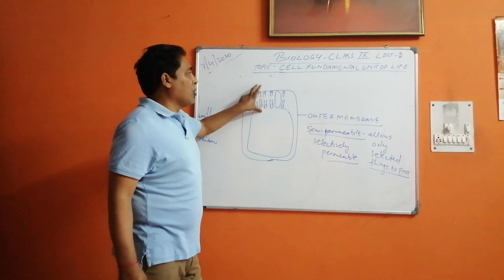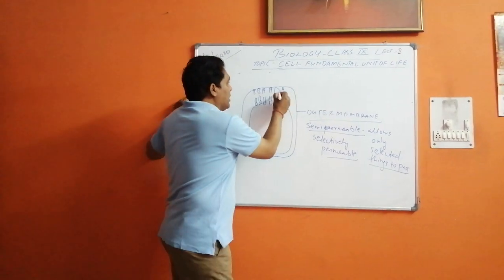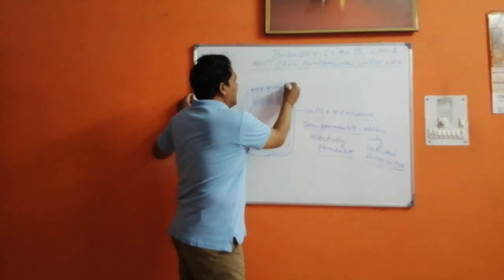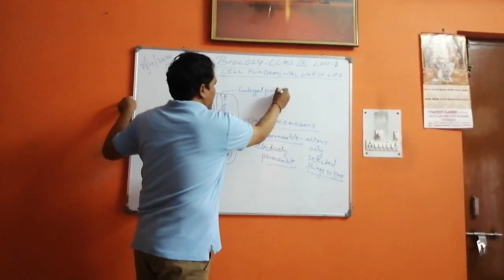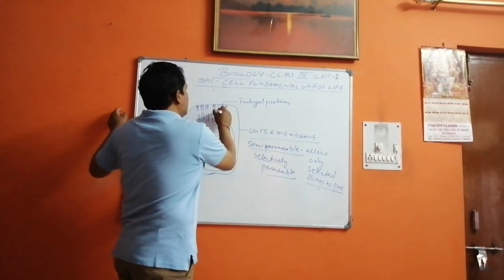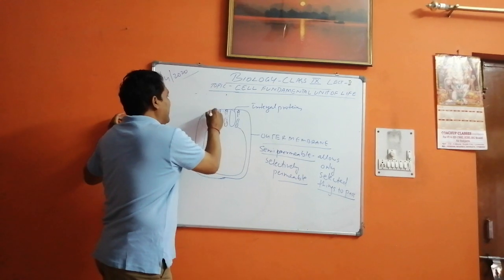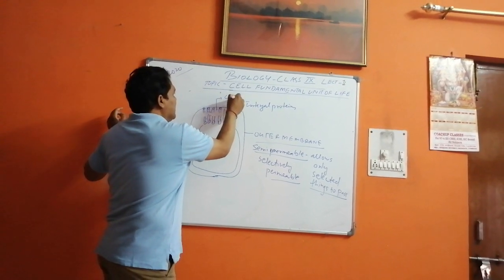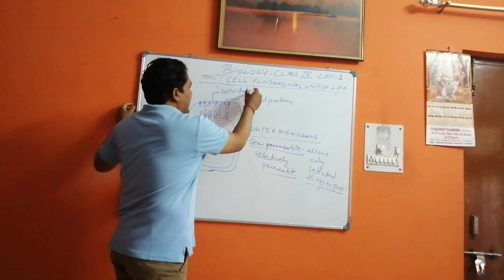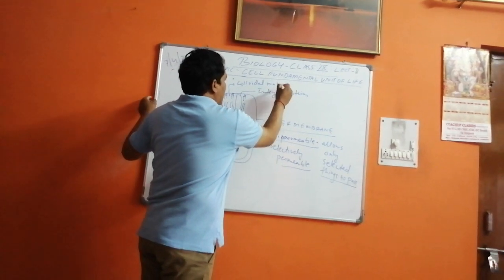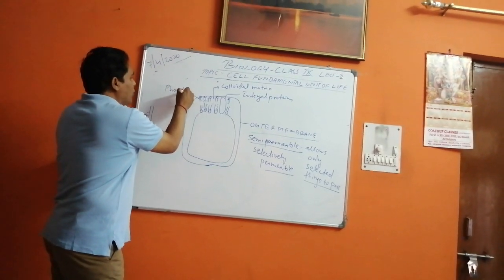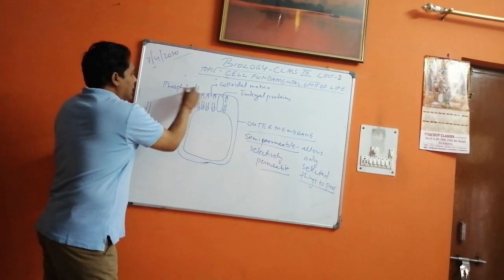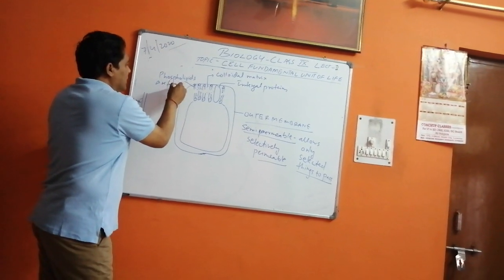Now I am going to talk about the structure. The structure of the cell membrane contains integral proteins. It contains a loose colloidal matrix in which phospholipids are found.